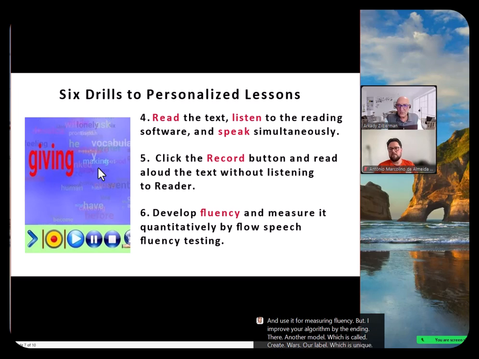And there are a lot of programs on internet which use your voice instead of password, right? So in this case, when you do flow speech fluency testing, you not only develop fluency.